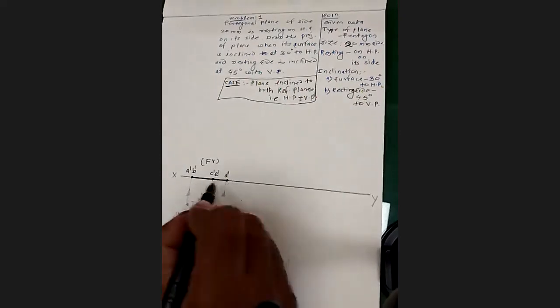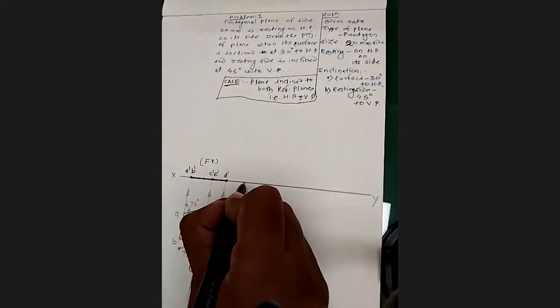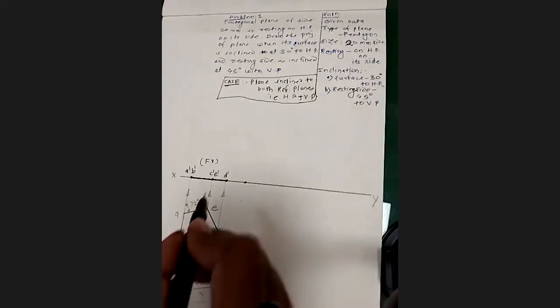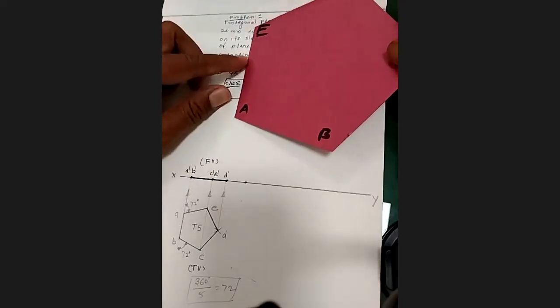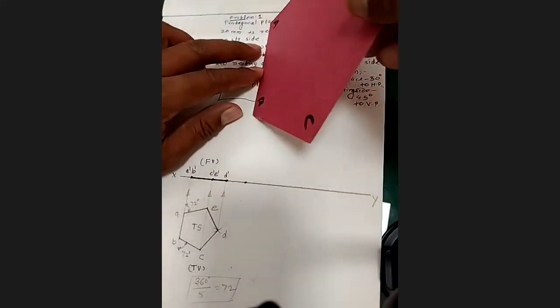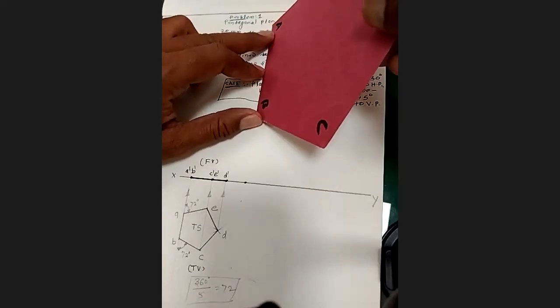So how will we get it? From this line view, at a certain distance, mark one point and name it A dash and B dash. Because in the second stage, when we make it inclined, points A and B will of course be on the XY line.